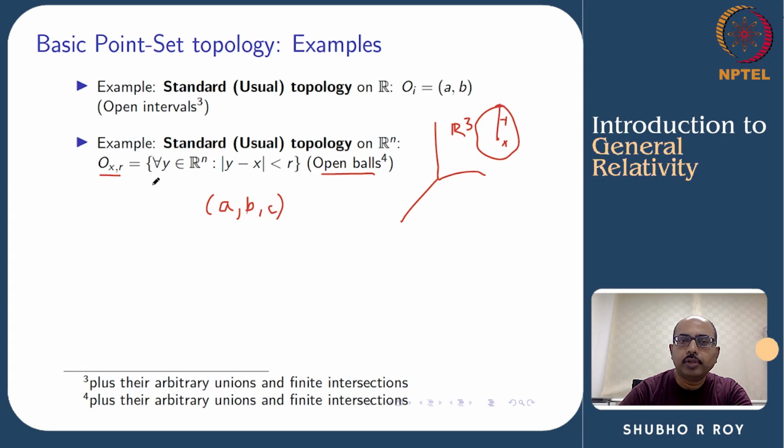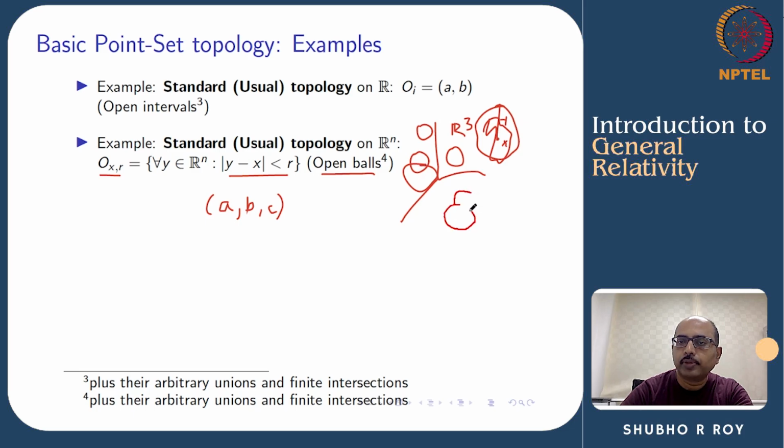And the idea is all the points inside the sphere are included. Then that becomes something called an open ball. Now, by definition, because this is an inequality, less than r, the points on the surface of the ball are not included. Only the interior of the ball is included. So this is an open set. You can consider all possible radii and centers of the sphere to construct open sets. And then, as we need in topology, we need to include the unions, arbitrary unions.